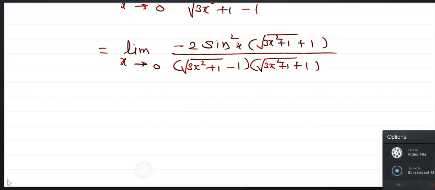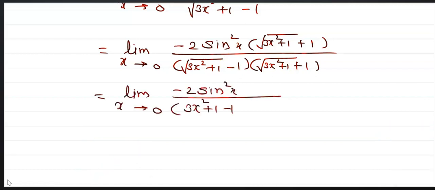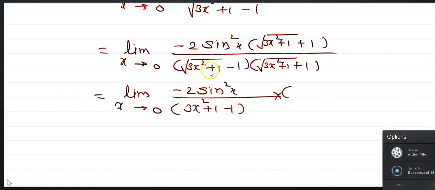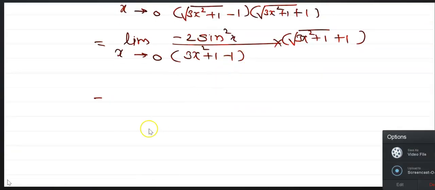Now this is the multiplication. Now these two terms will get cancelled. That is limit x tends to 0 of minus 2 sin square x, and in the denominator 3x square plus 1 minus 1; plus 1 and minus 1 will get cancelled, then you will get 3x square. Now these two terms will get cancelled.